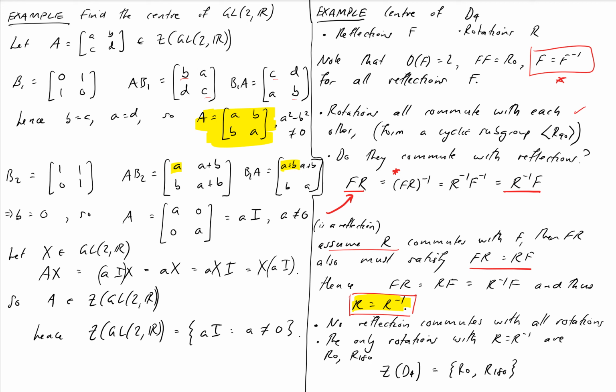And as for the reflections, well, this thing we just did over here also said that only the reflections do not commute with R90 and R270. Okay, so my arbitrarily chosen reflection here does not commute with R90 and R270 because this comes from the reflection commuting, and therefore I can exclude all of those just out of hand. So the center of D4 is just R0 and R180.